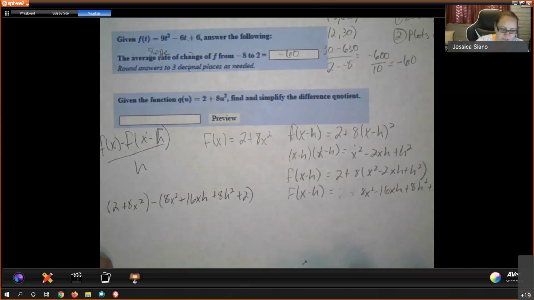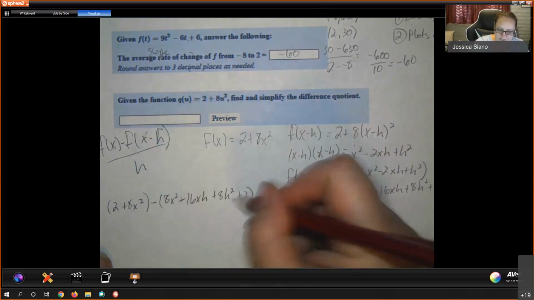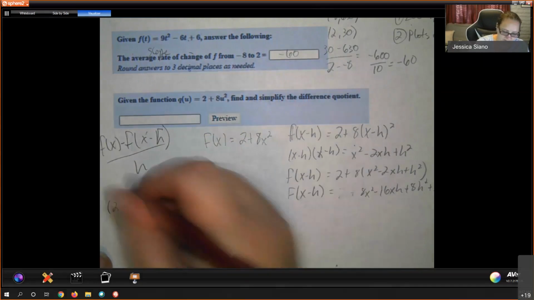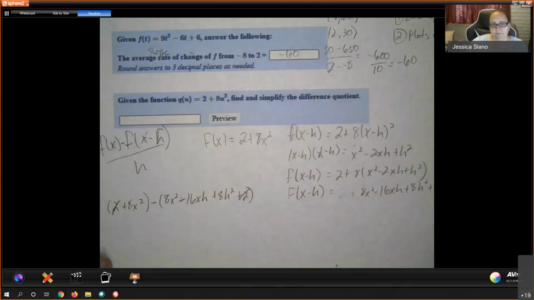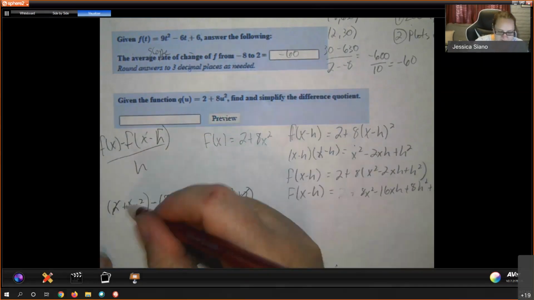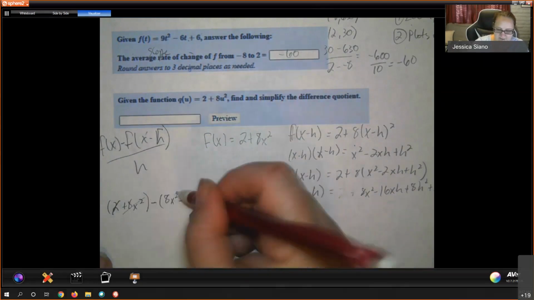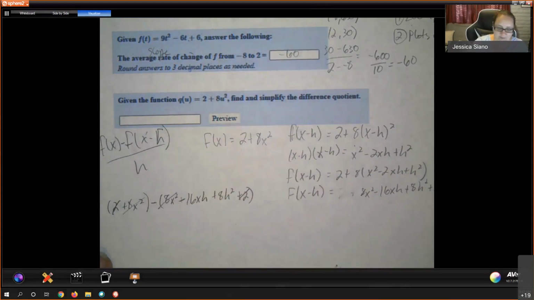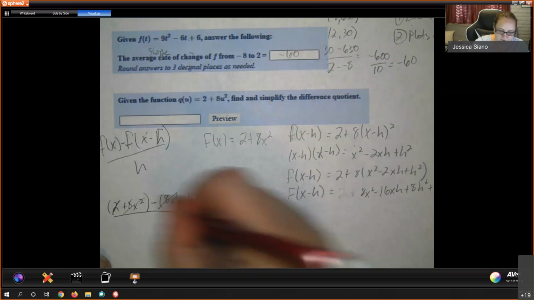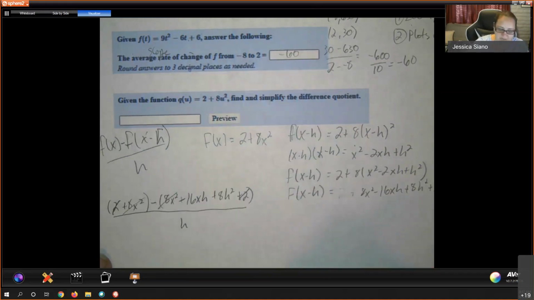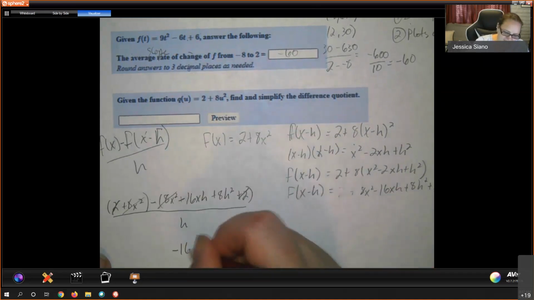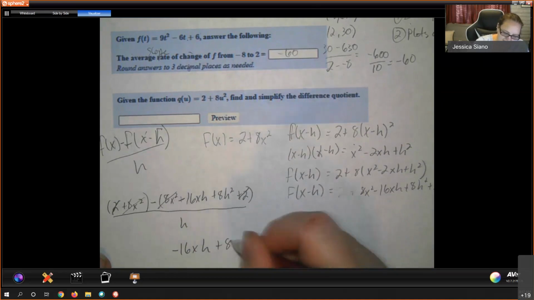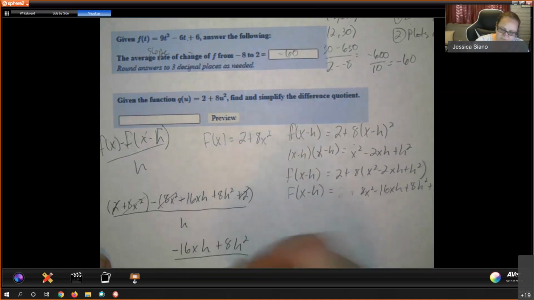Okay. 2 minus 2 cancels. And 8x squared minus 8x squared cancels. And remember, it was supposed to be this whole thing over h. So now what I have is negative 16xh plus 8h squared divided by h.